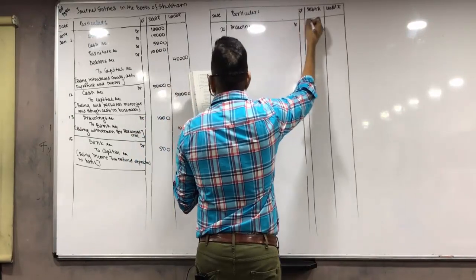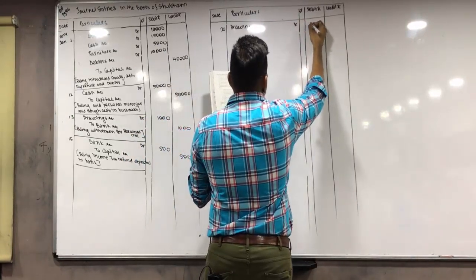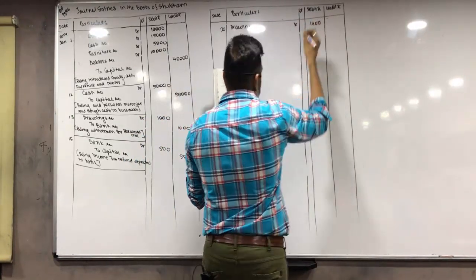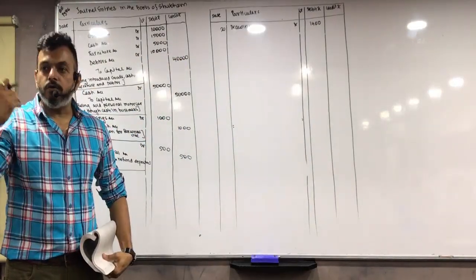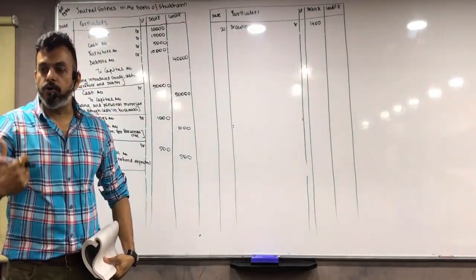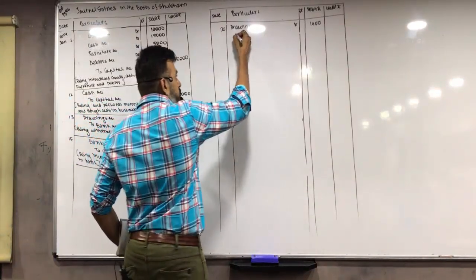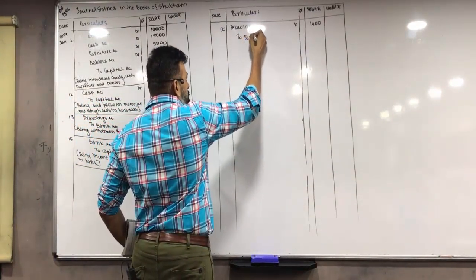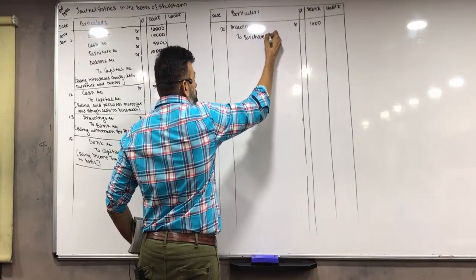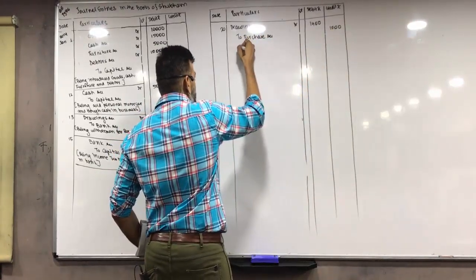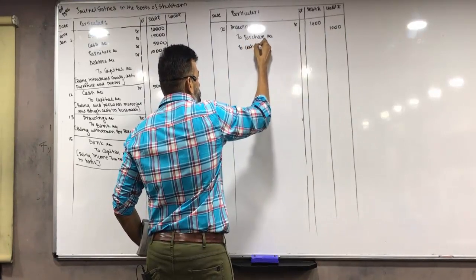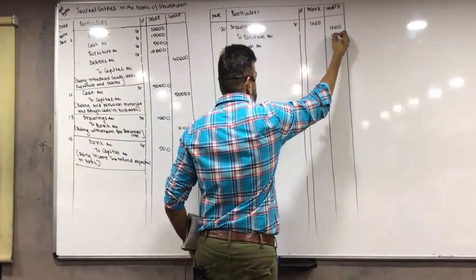What's the total amount of drawings he's doing? 1000 plus 400, so 1400. What goes out? Goods. Now goods out of our total purchases, so to purchase account 1000 and to cash account 400.